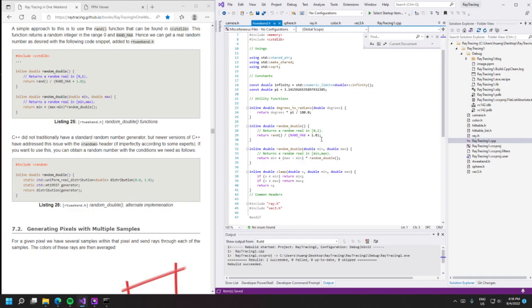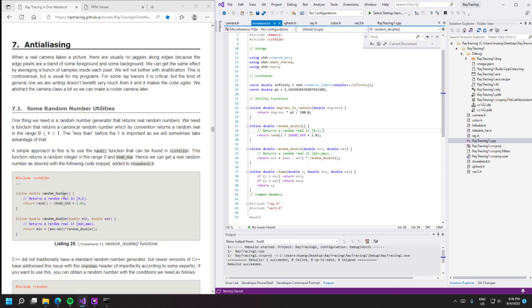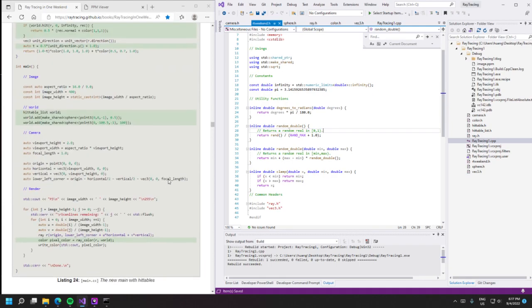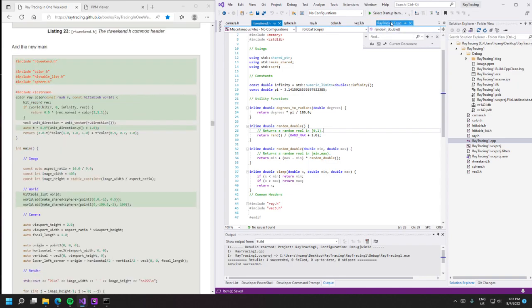Inline double, yeah, I used this method. We already made a lot of changes to something here, so I don't think it's very much to trust.